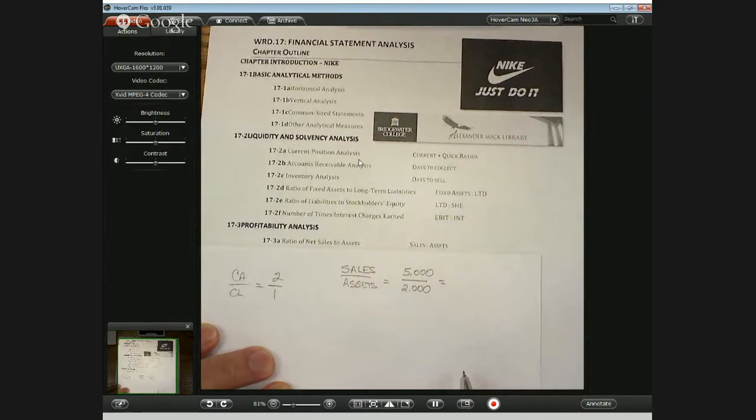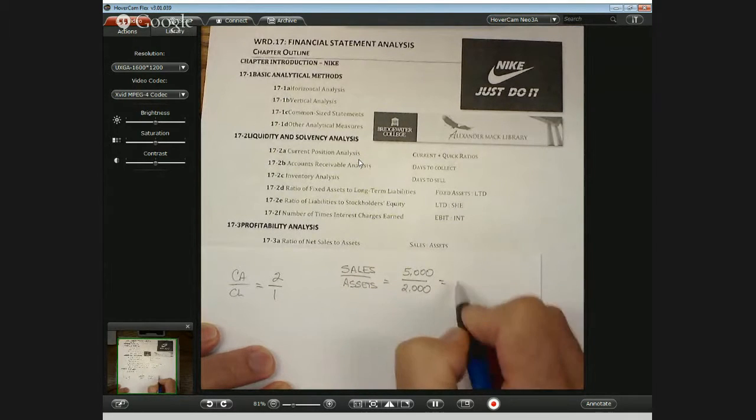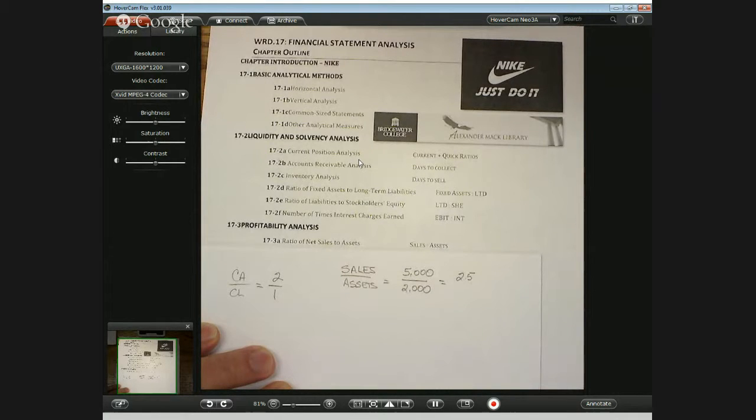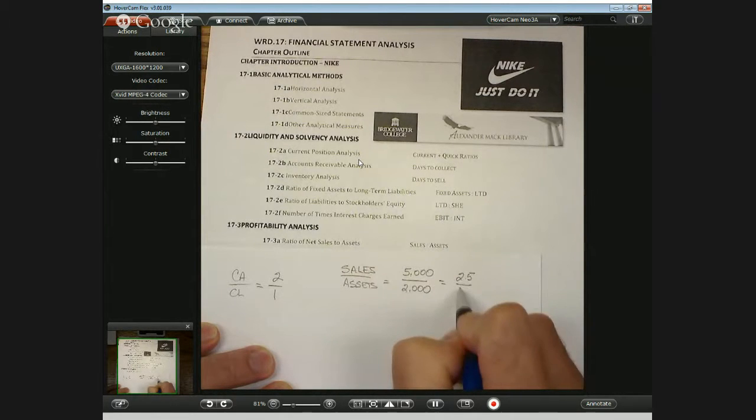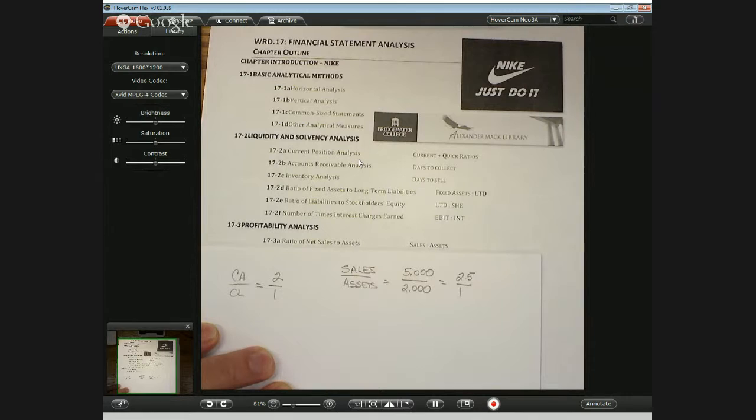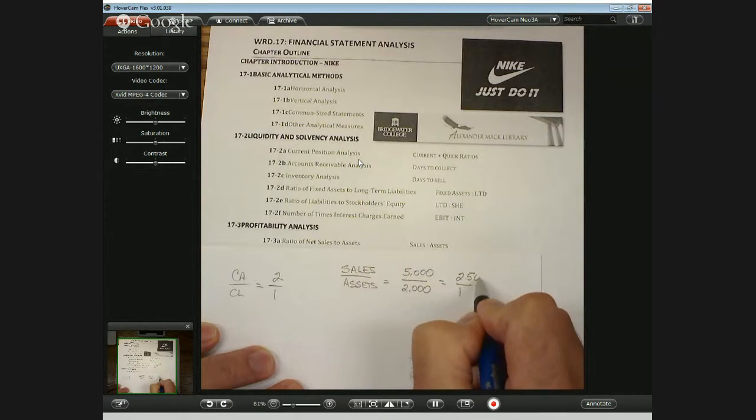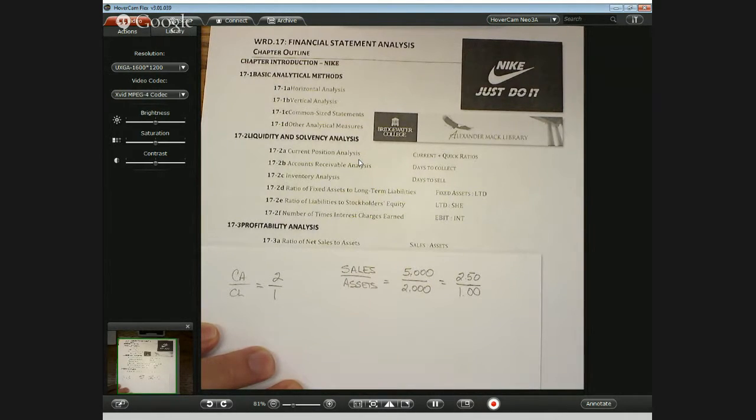When you would create this particular ratio, you would get a ratio of 2.5 to 1. You would interpret that as that this company would generate $2.50 in sales for every dollar of resources, assets that it owns. So this talks about the productivity of the assets.